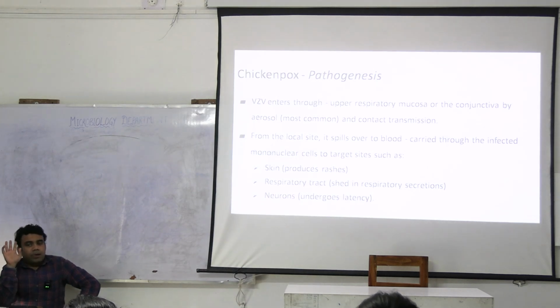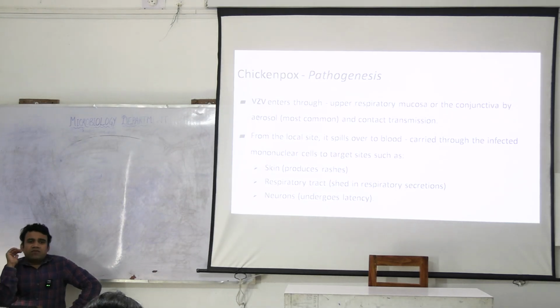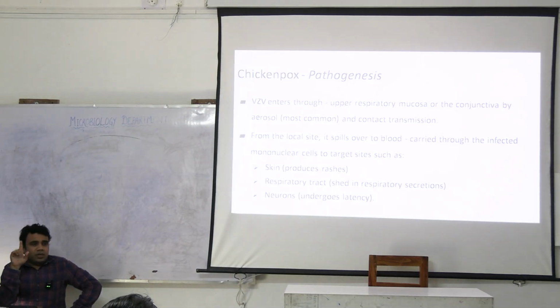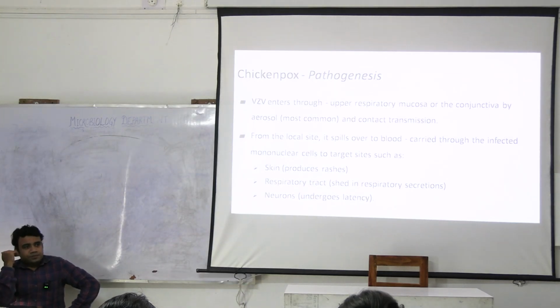Okay. So if you are asked that a patient X is infected with varicella, what advice should you give? That person should always wear a mask. That is the best method by which you can reduce the chances of transmission.